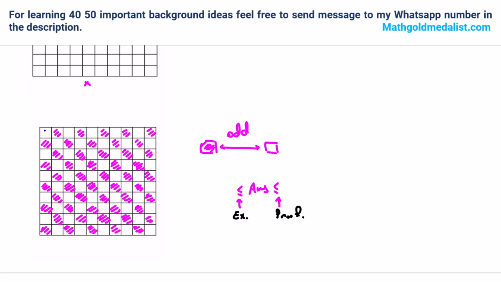Let me tell you. For example, do you agree we can place this one here and here, right? Do you agree the distance between these two is not 2? Agreed. But if you place this one here, do we have a problem or not?